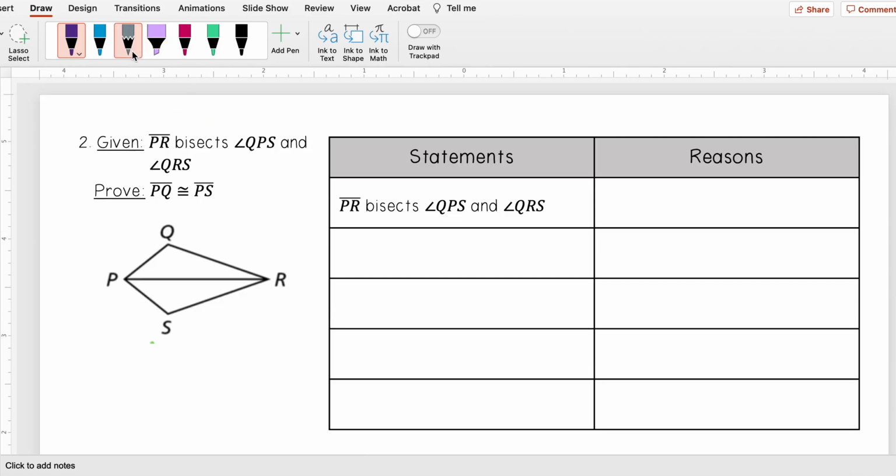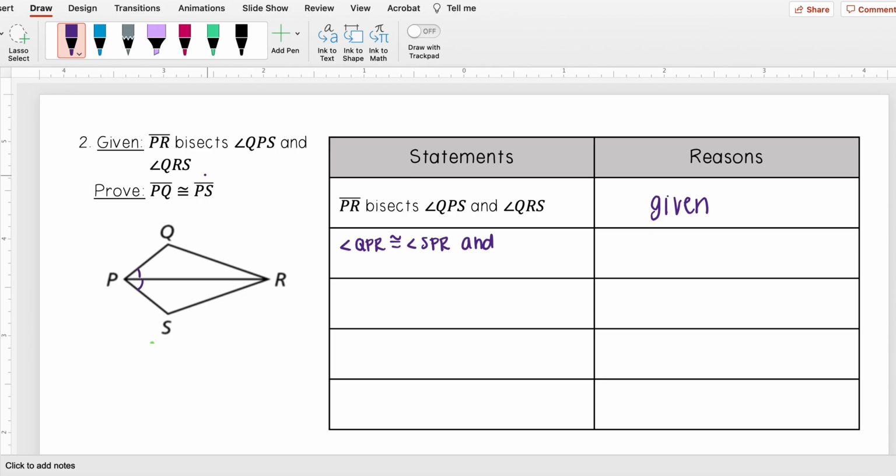Okay, let's look at another one. So here I am told that PR bisects QPS and angle QRS. And so remember, bisect means it's cutting these two angles in half. So that means for it bisecting QPS that these two angles are congruent. So I have that angle QPR is congruent to angle SPR.